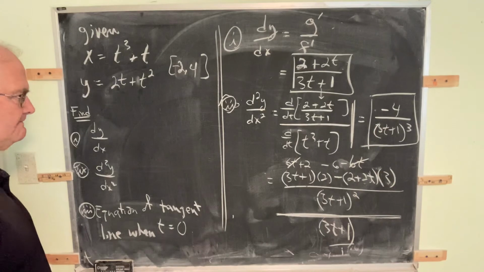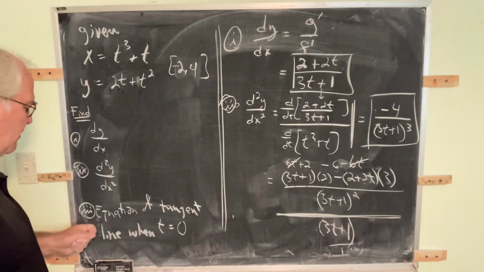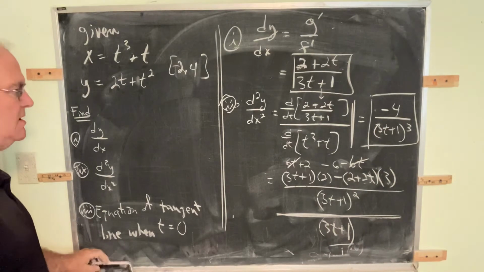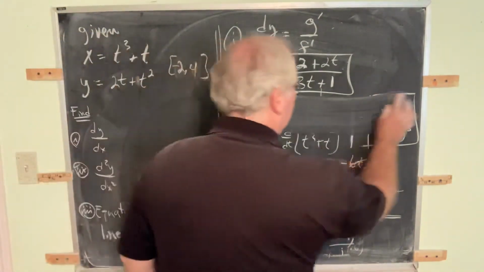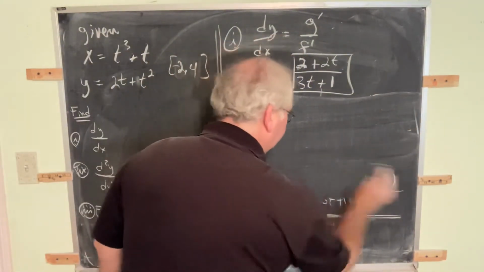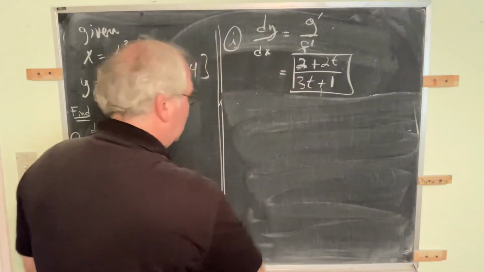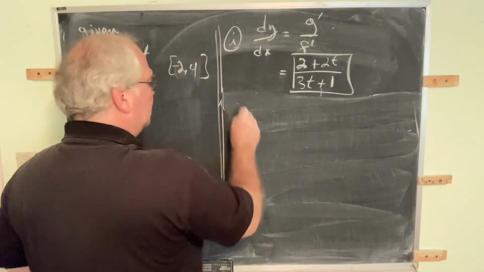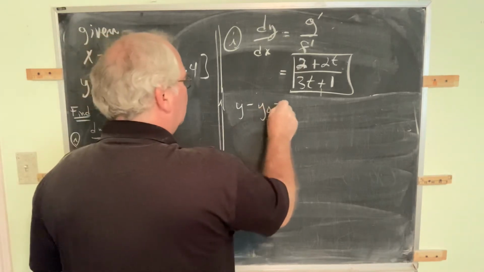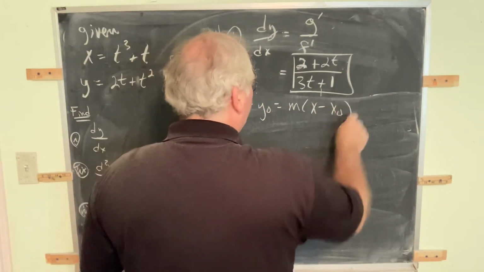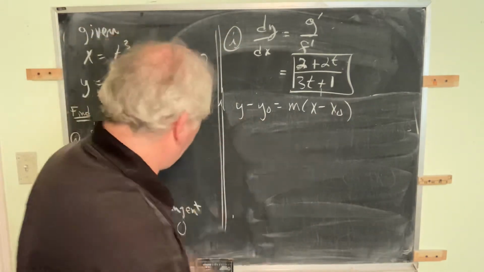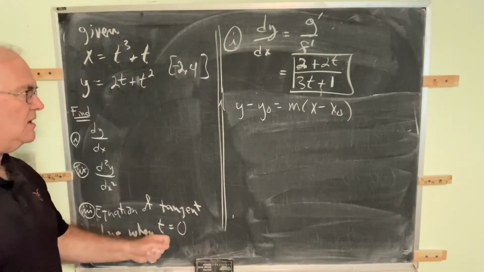All right. And then the last piece is we want to find the equation of the tangent line when t is equal to 0. So what I'm going to do is erase this to get a little bit more space to work on. Now, what do I need to find the equation of a tangent line? I need y minus the y value is equal to slope times x minus the x value. And the y value and the x value are the values when t is equal to 0.